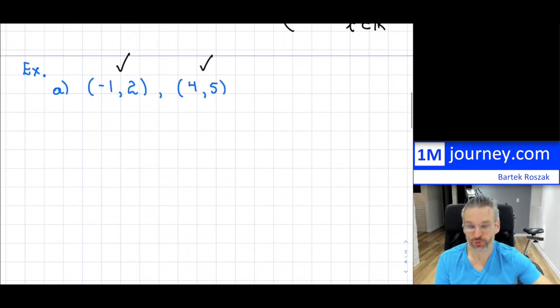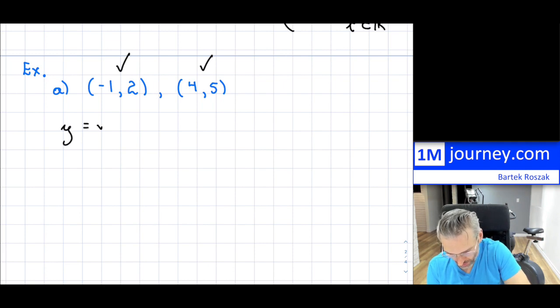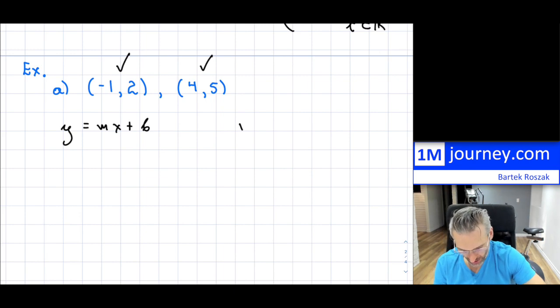So we have 2 points. So let's try to see. All right, well, I hope that you still remember how to do this the old school way. So if we wanted y is equal to mx plus b, then we certainly need our slope. So our slope is the change. I'm going to say this is my point 2, this is going to be my point 1.